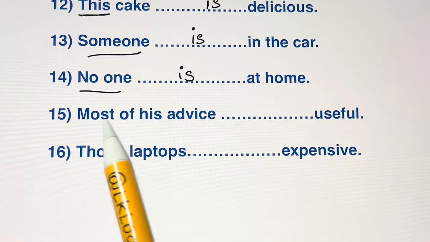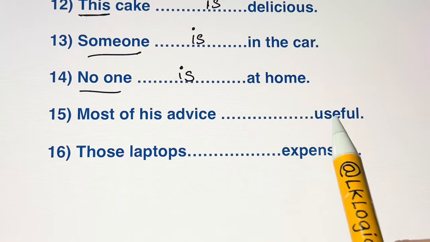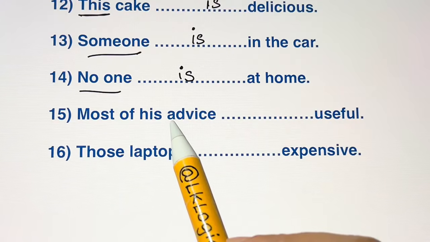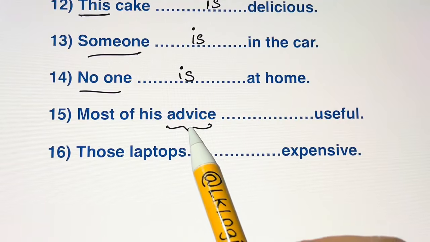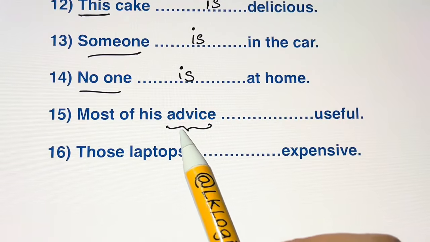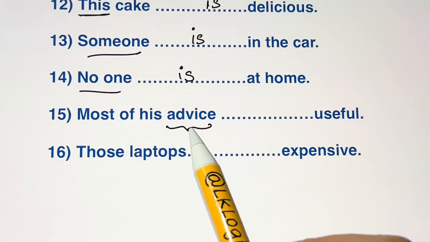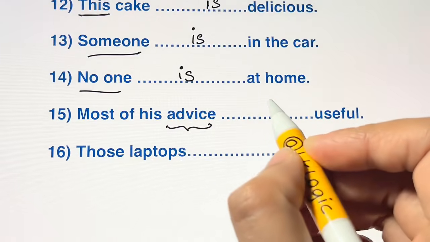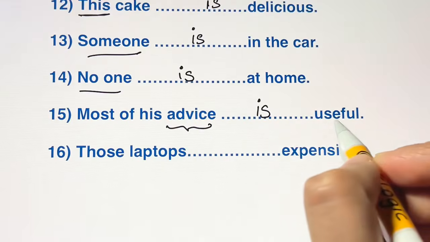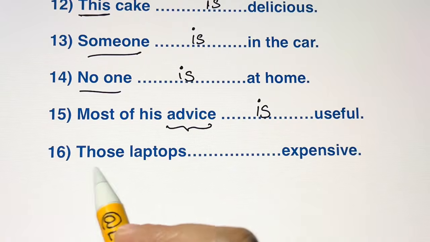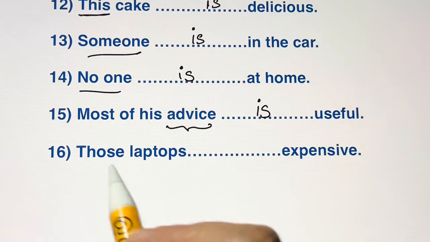Question number 50. Most of his advice blank useful. So what is advice? As I told you, it's an abstract noun. It is not a physical thing, right? So it is a non-countable noun. So what do we use with non-countable nouns? The singular verb is. Most of his advice is useful. Those laptops blank expensive.